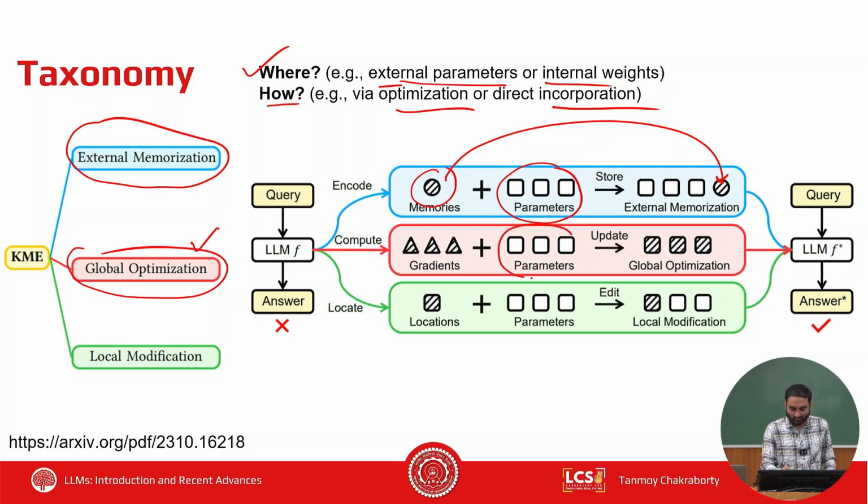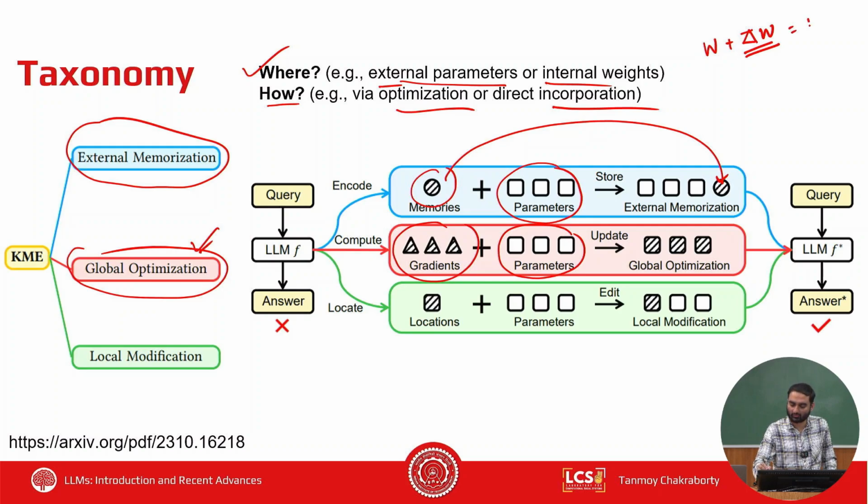In global optimization, this is my original parameter. In this technique, we learn the change in gradient. In other words, if W is the original parameter, you basically learn the update that you want to incorporate into the parameters.